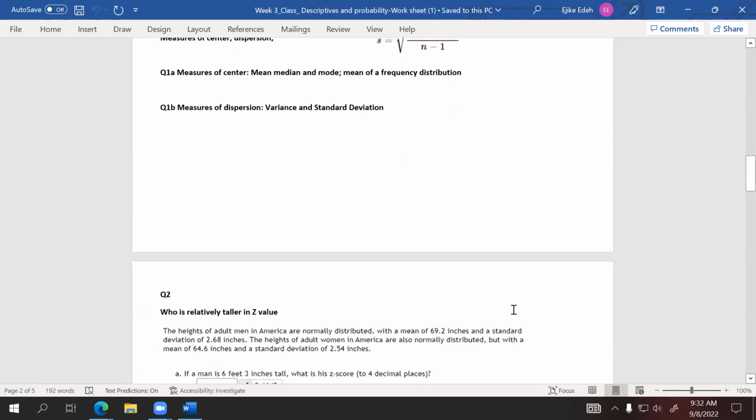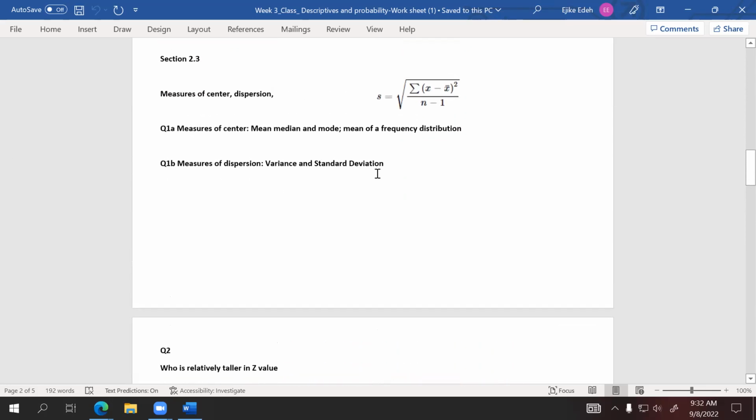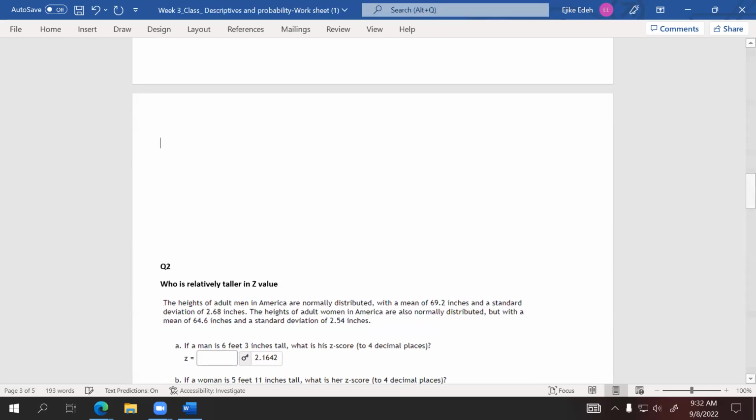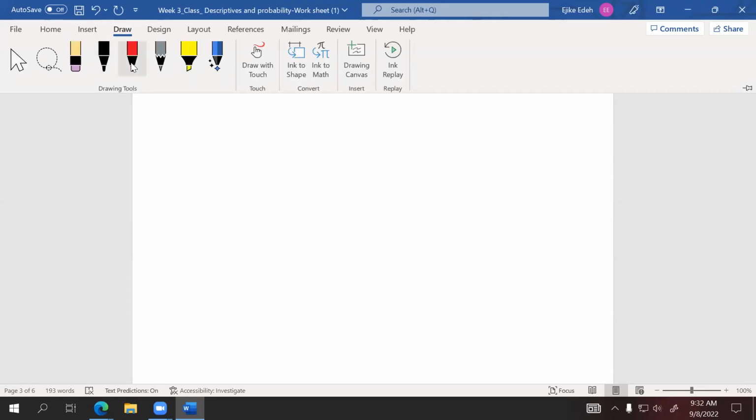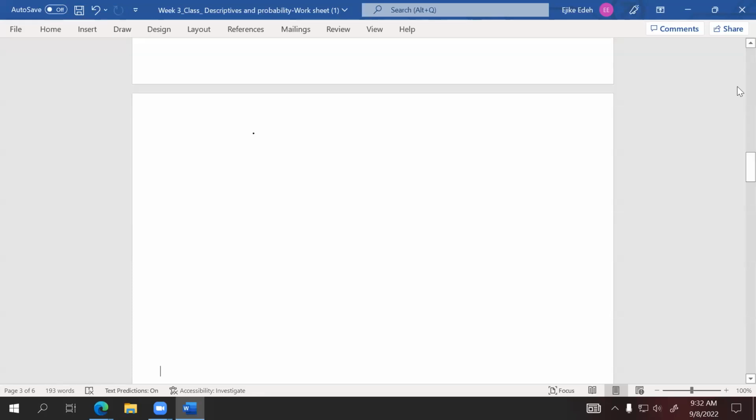Okay, so we started last class working on the formulas for standard deviation. And so we said like mean.